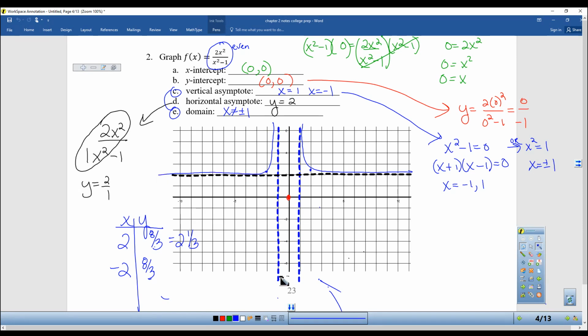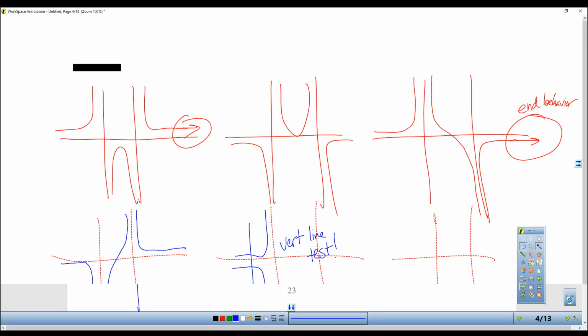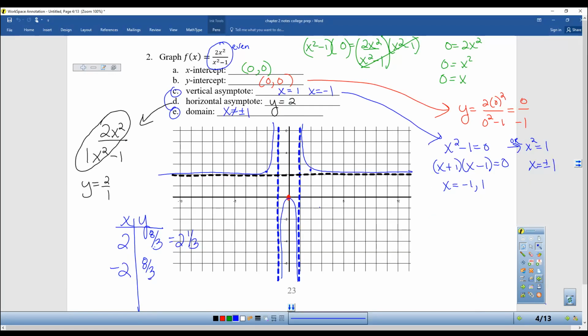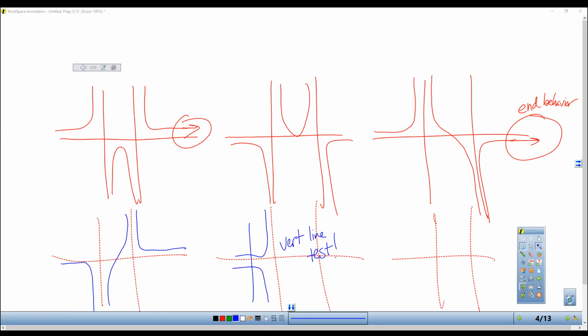Which means this one must do this in the middle. So you might not remember your even and odd functions or didn't learn them as well as you should have during chapter 1. If that's the case, you're going to have to plot a lot more points. But this is why everything's going to be connected in math. So things that you learned in chapter 1 are actually going to help you for chapter 2. Everybody got that one? Okay.